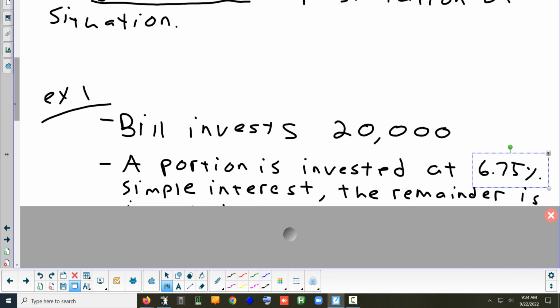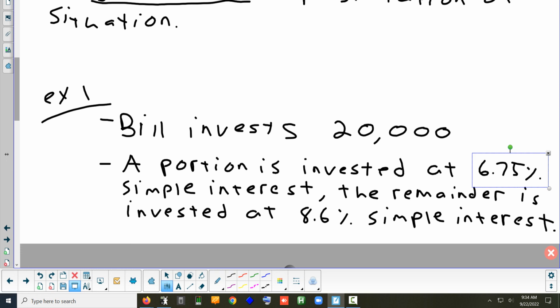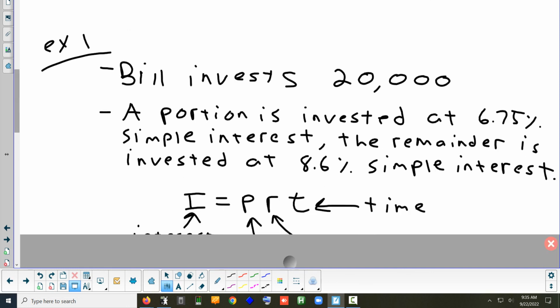So he's going to take some of his money and invest it at an account that pays him 6.75% interest. He's going to take whatever's left over after he invests in the first account, and he's going to dump the rest of it in the second account. The second account pays 8.6% simple interest.